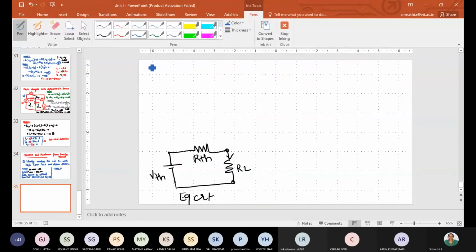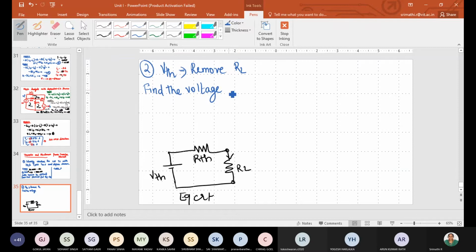Point number 2. After finding RThevenin, we need to find VThevenin, because for the Thevenin's equivalent circuit we need both VThevenin and RThevenin. To find VThevenin, remove RL, remove the load, and then find the voltage across the open circuited nodes, that is the load nodes.